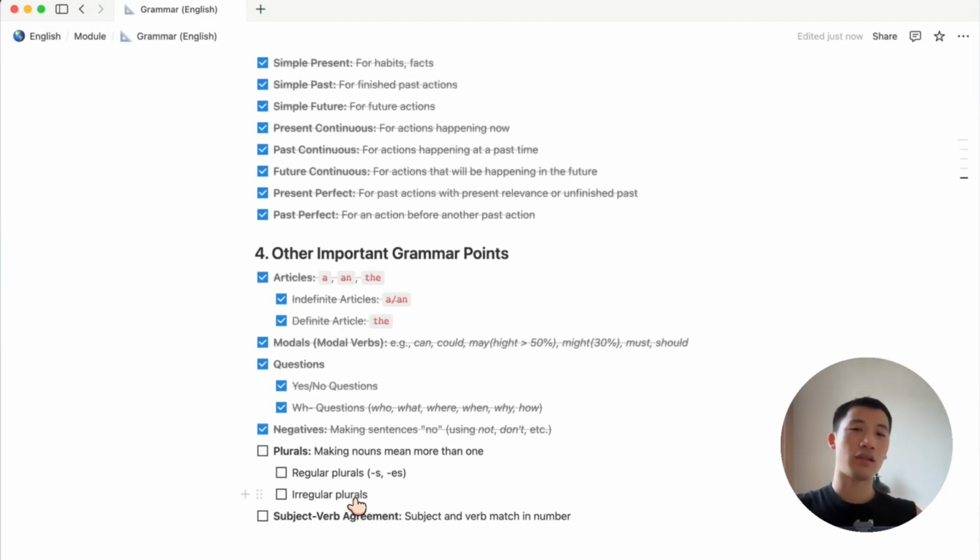People is irregular plurals. So what do we know? How do I know the nouns is a regular plural? I just don't know which nouns should use people, two people, three people, a lot of people.